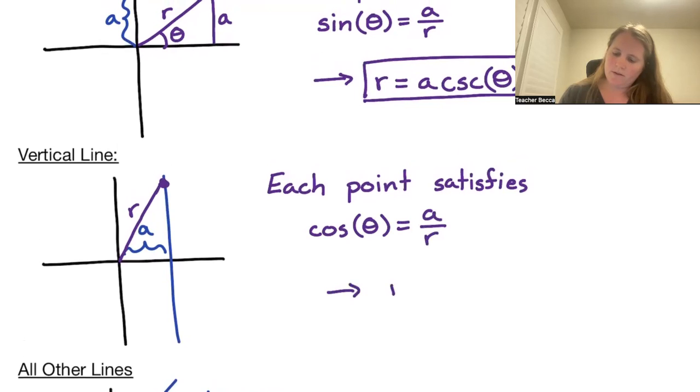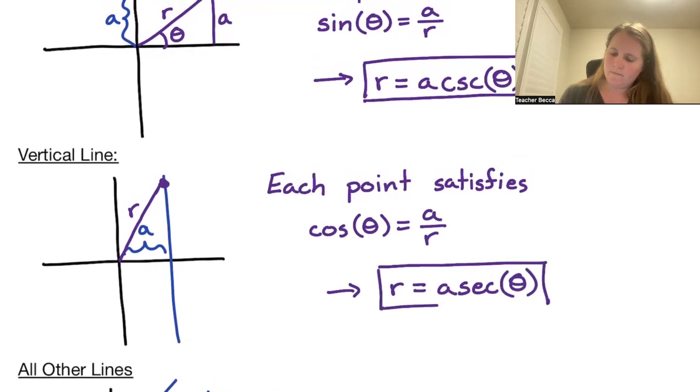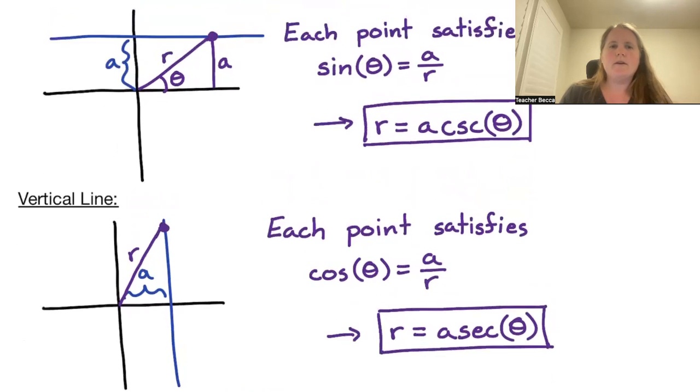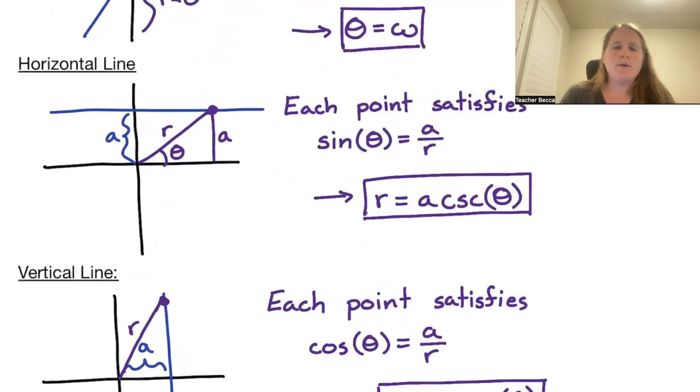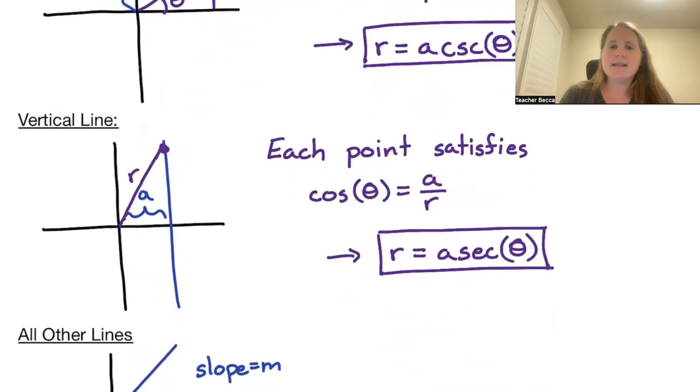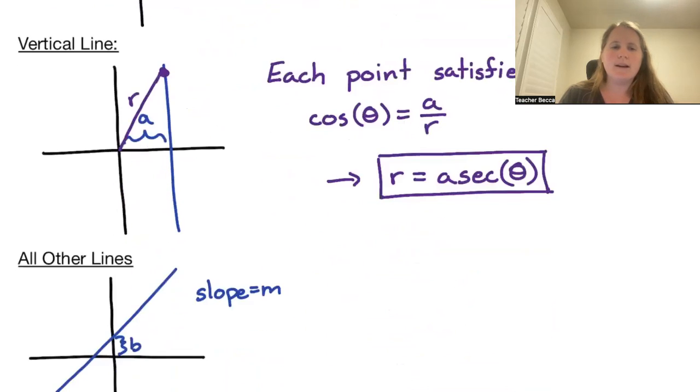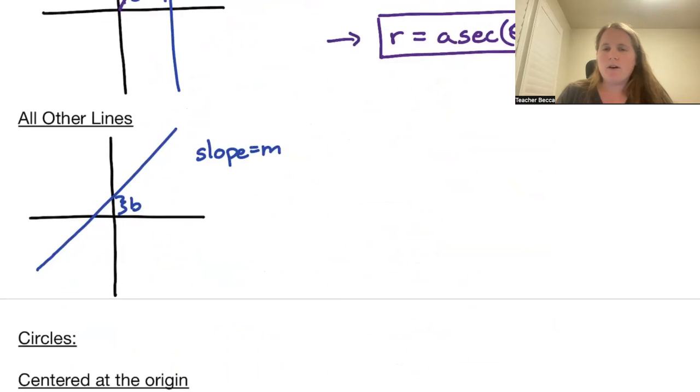That therefore means that r should be equal to a times secant of theta. So if we do a cosecant theta, we get our horizontal line. A times secant theta gets us a vertical line. Then we have all other lines.